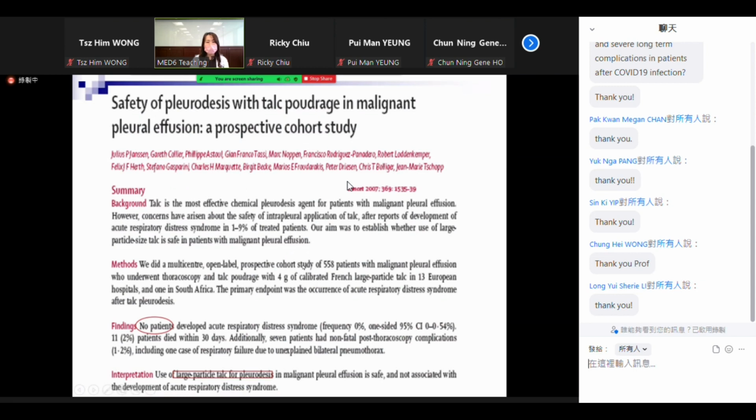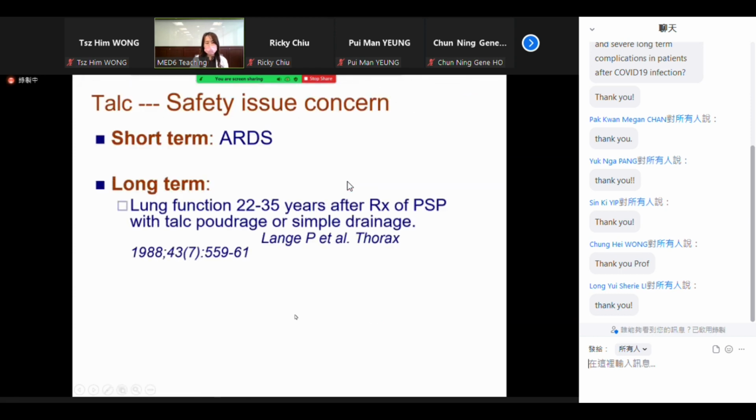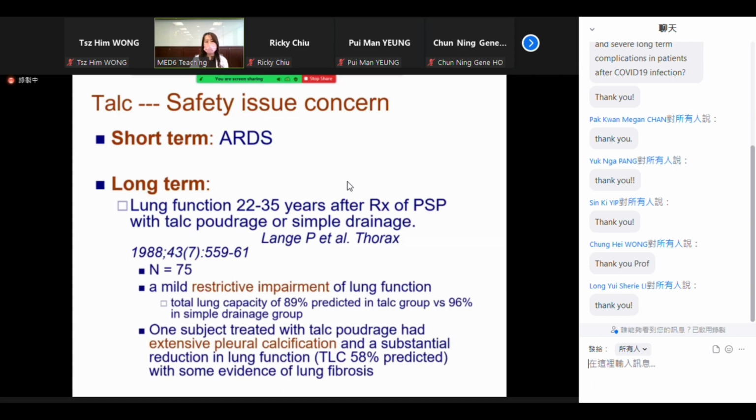The size of the talc particle is correlated with the risk of ARDS. If we use large particle talc for pleurodesis, in the case series, out of 500 patients, there was no patient having ARDS. So we are now using large particle talc in our clinical practice. Apart from ARDS as an acute complication, there are some long-term complications of talc.